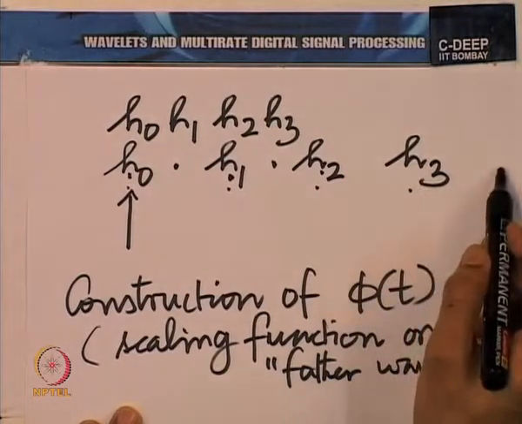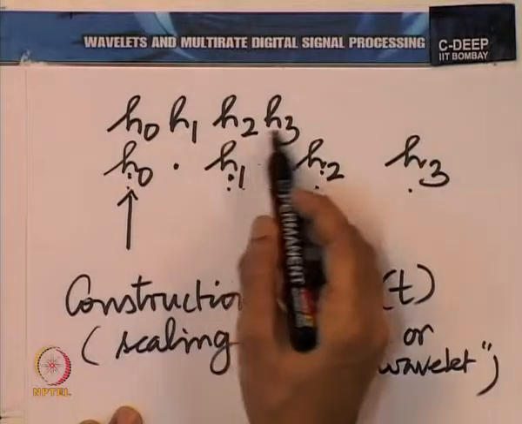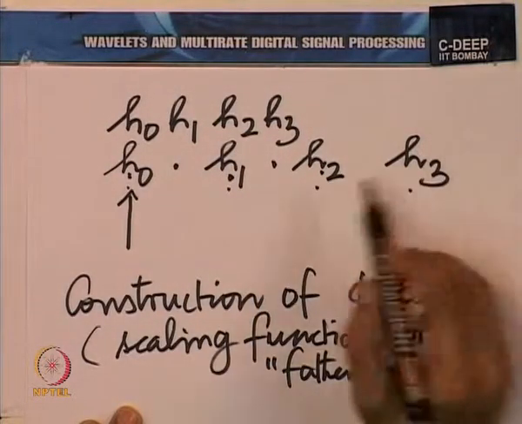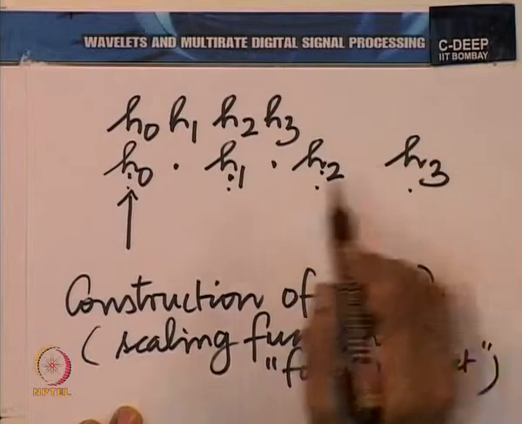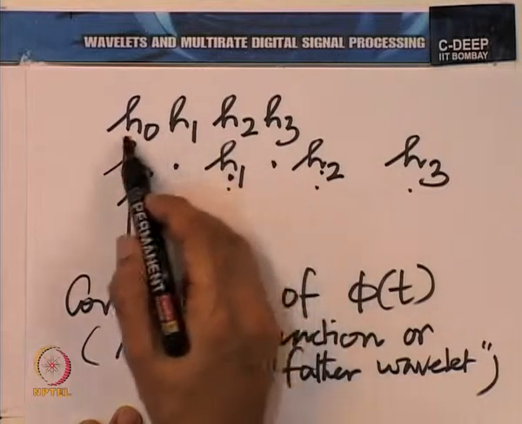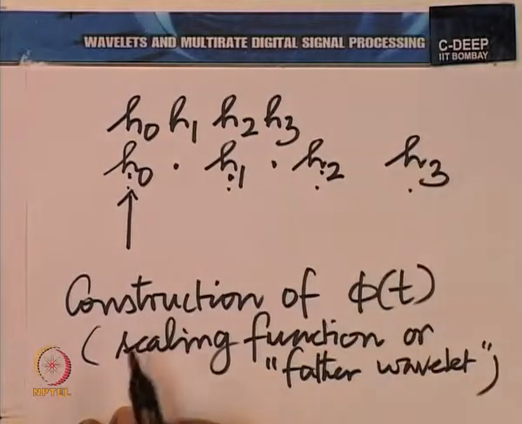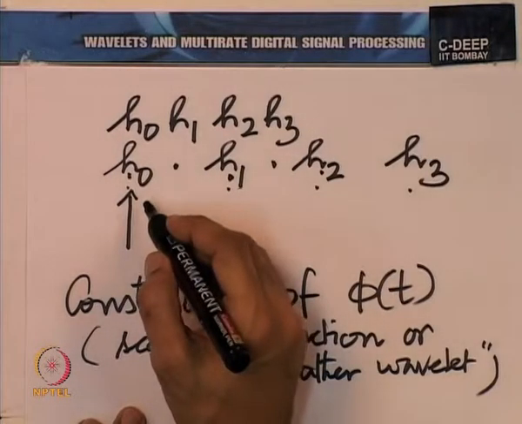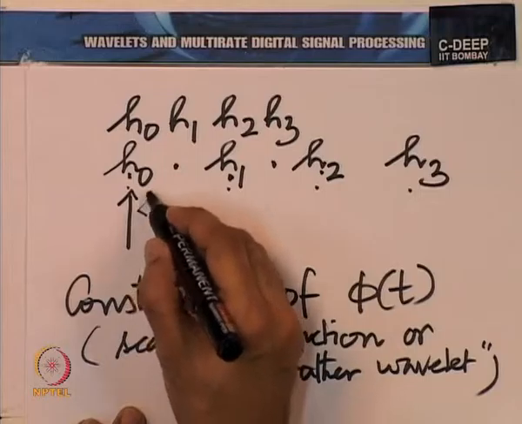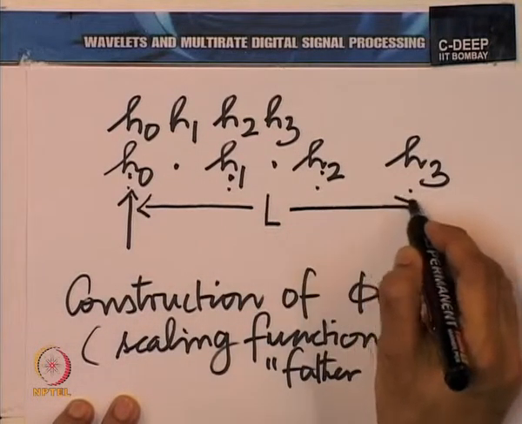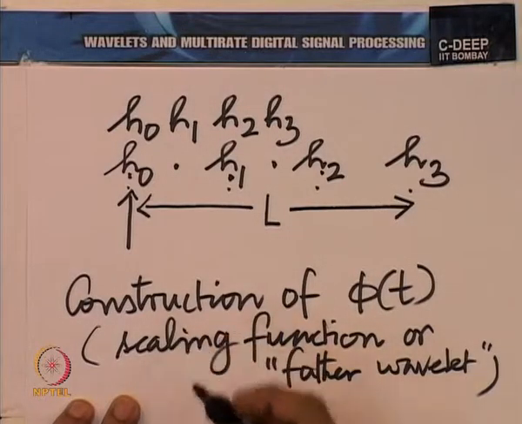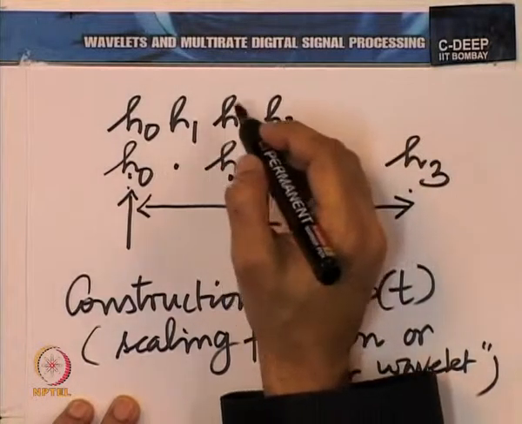So, the spread would be up to 3 of these samples going beyond H 3. The next time, you would have half of this interval getting added on there. So, if I call this interval L, then you have the interval L by 2 here.